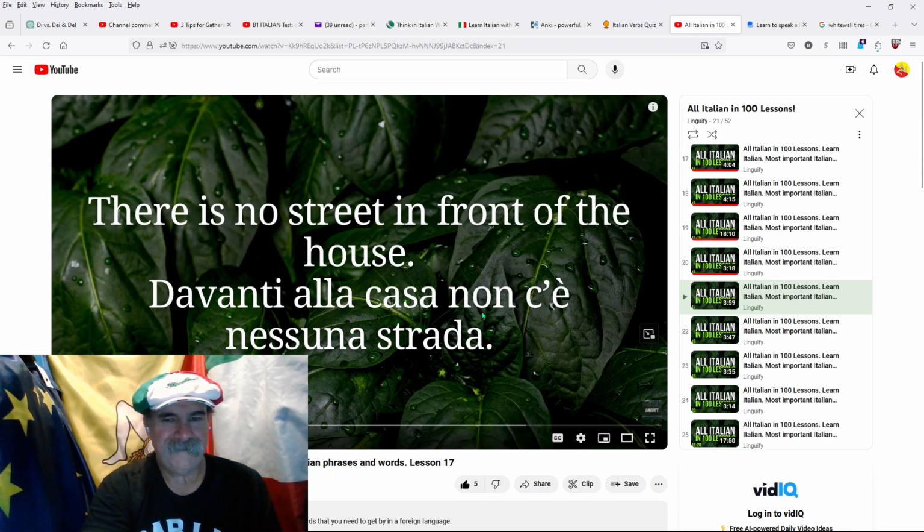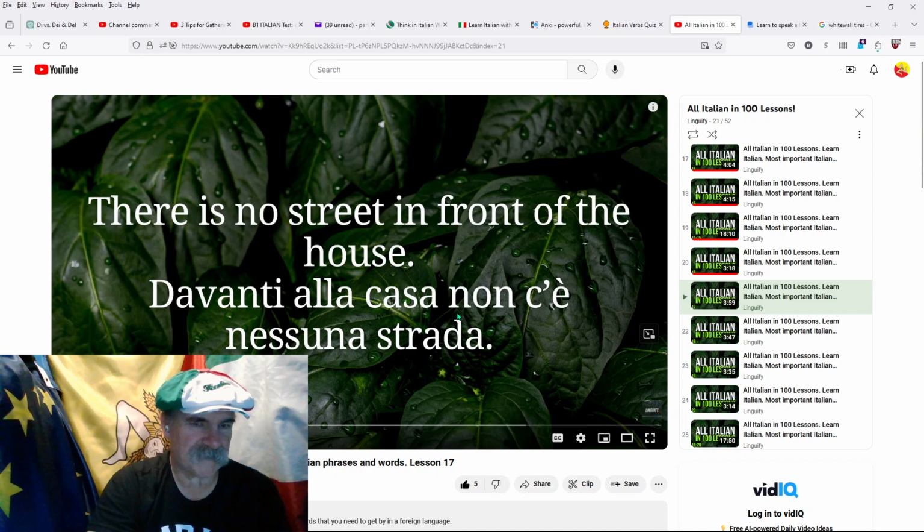No, because nessuna is nothing, right? Nessuna strada means basically no street. So this says there isn't no street. Is that right? That would say there's a street. That's a double negative, it seems, but I don't know.